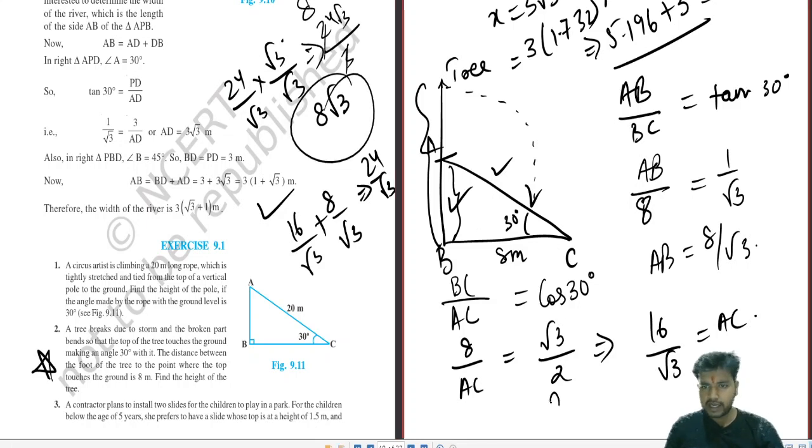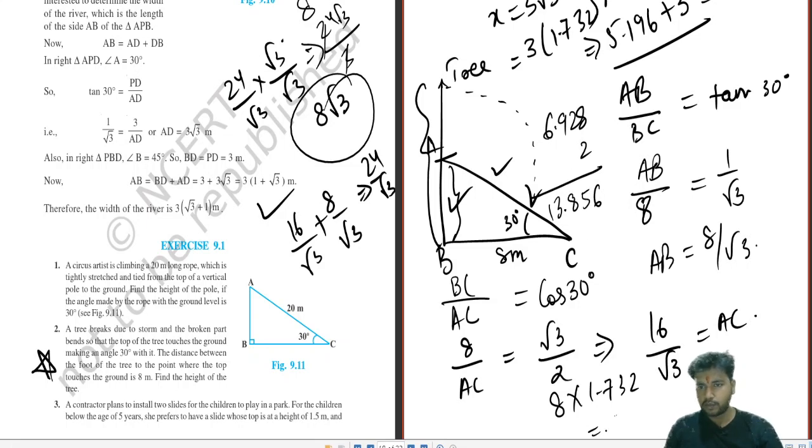So, 8 root 3 would be 8 into 1.732, that is 6.928, and then into 2, that is 13.856. This will be the height of the tree.